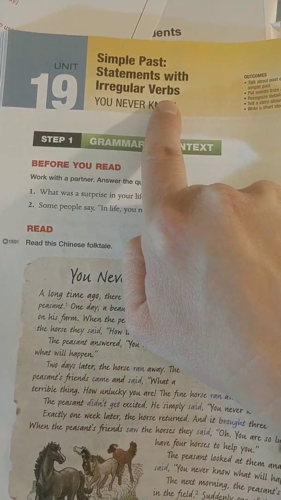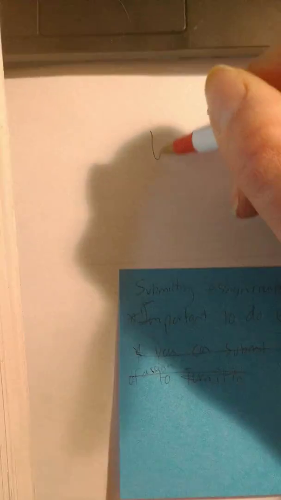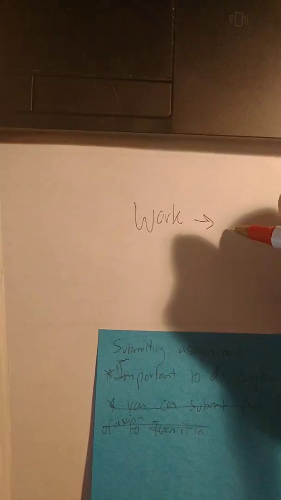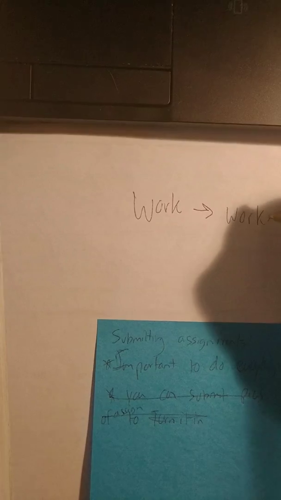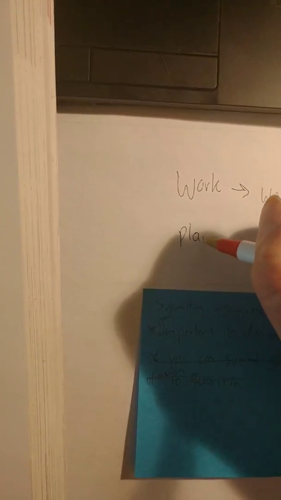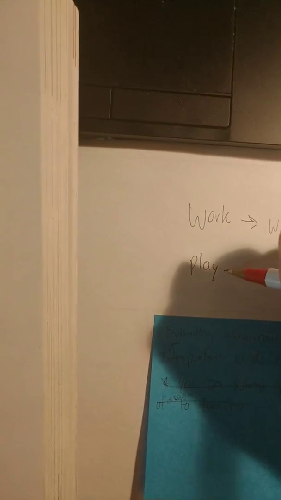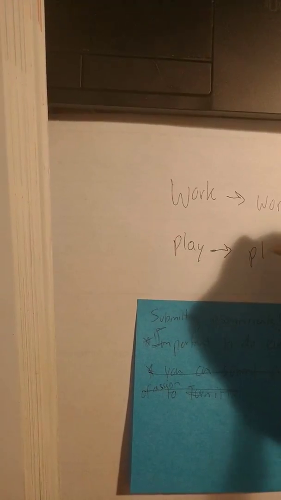Okay, last week we talked about regular verbs. Okay, so for example, work, and the regular past form of work has an ed on the end, worked, right? Or play, right? The regular past form is played.